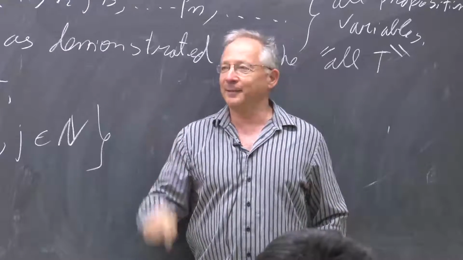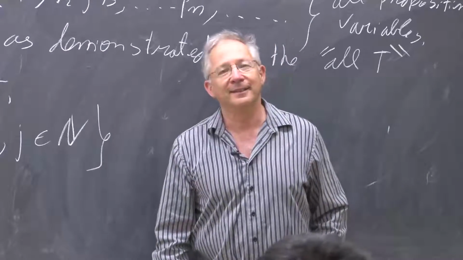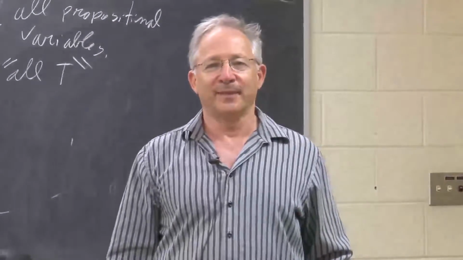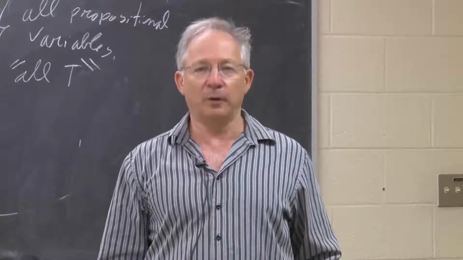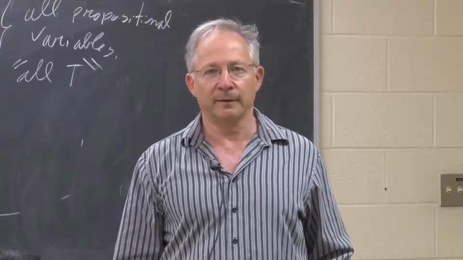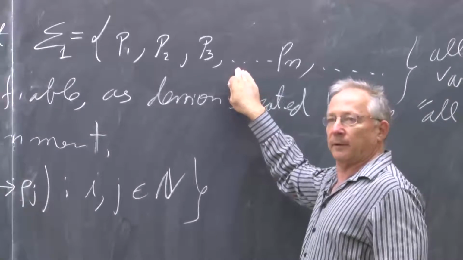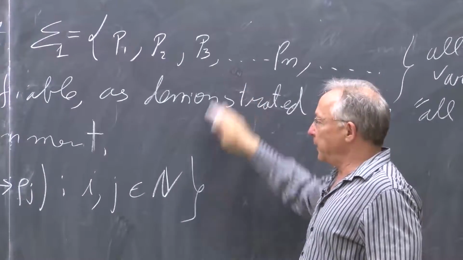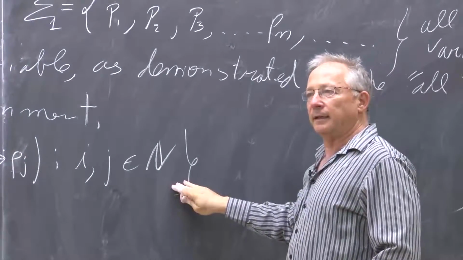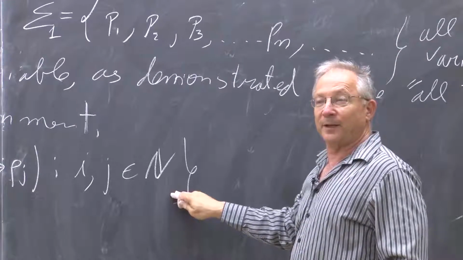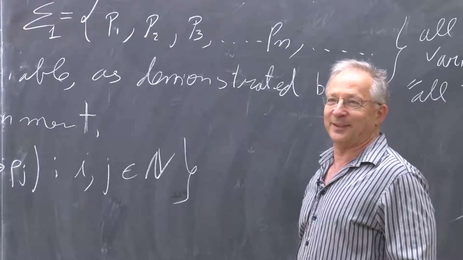There's more than one assignment that makes it true. Yes? So the assignment v has to be one assignment for all of the elements of sigma? Right, one assignment for all of the elements of sigma. Here we had only one satisfying assignment. Everything had to be true. Here we have two satisfying assignments: either all is true or all is false. Let me show you an example in which we have infinitely many satisfying assignments.